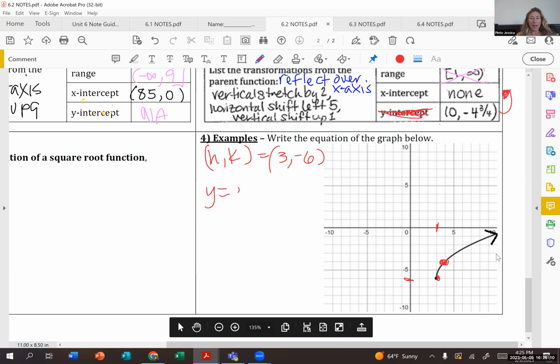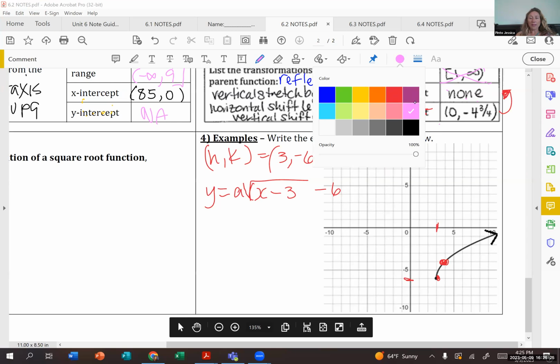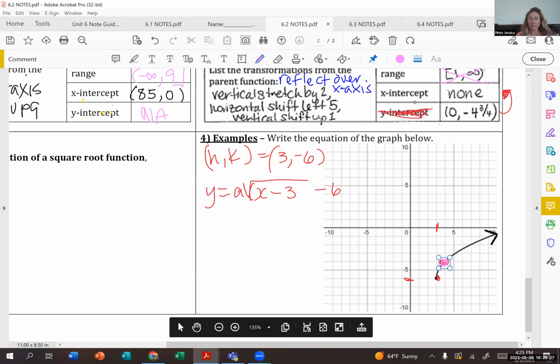Y equals A. Oh, I got to put the square root symbol. X minus H, so X minus 3, and then -6. In here, I'm going to replace this coordinate, and that coordinate is 4, comma, -4.